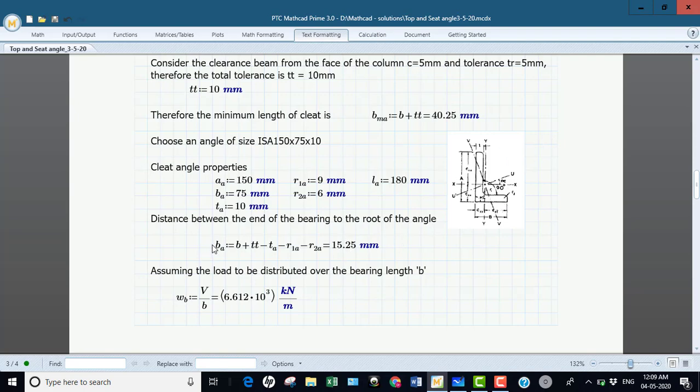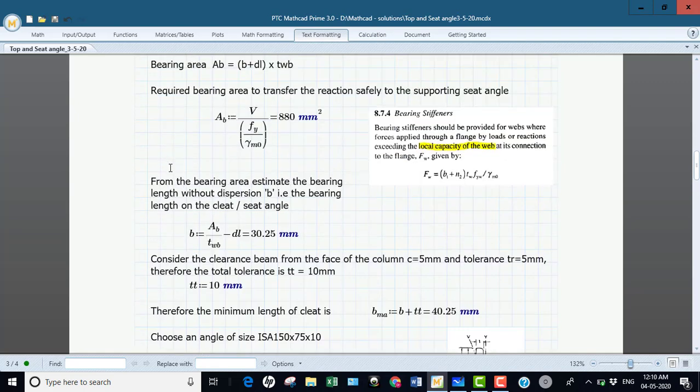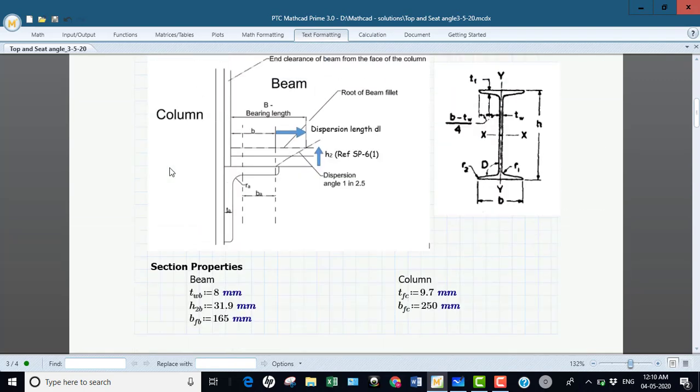My primary aim is to calculate the cantilever length of my outstand length. That I have calculated by using this expression. So for BA, I calculate B plus this tolerance minus TA and minus the root radius and this root radius, and I get the value of BA.